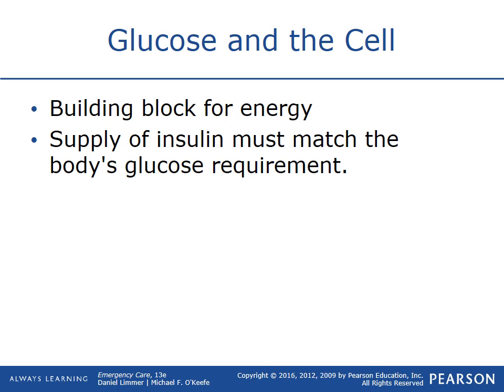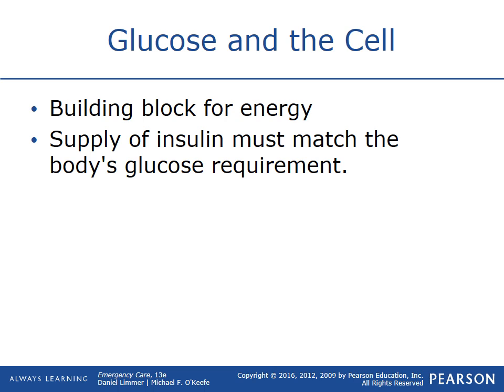So, glucose is the next thing we need for our cell to function. It's actually the building block for energy. You've got to have glucose in order for your body to create energy. What the cell does is it takes glucose and oxygen and converts that into ATP molecules. Remember, I told you ATP is energy.